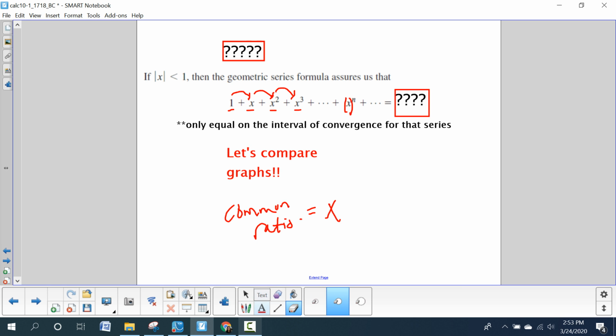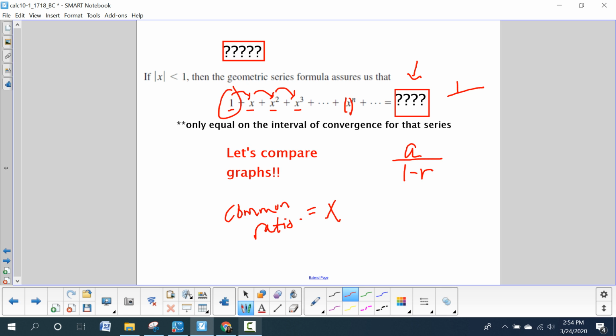If that's the case, then the function that this converges to, the thing that it sums to, remember that a geometric series always converges to a over 1 minus r. So the function this converges to should be a, the first term, over 1 minus r, which our common ratio here is x.